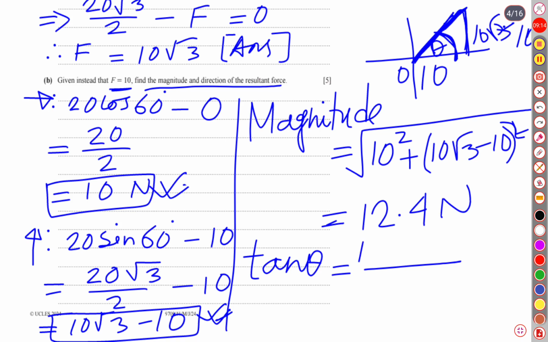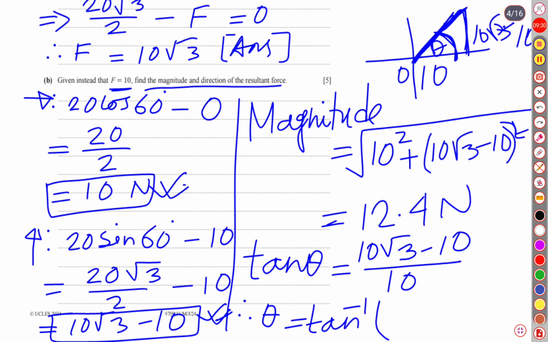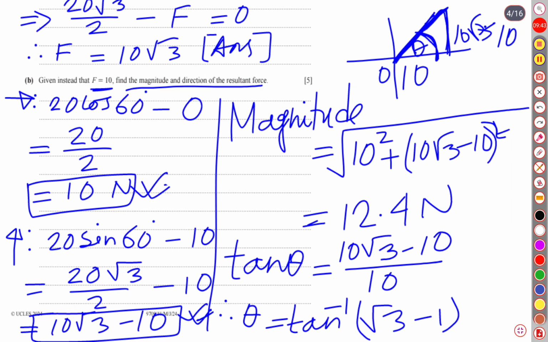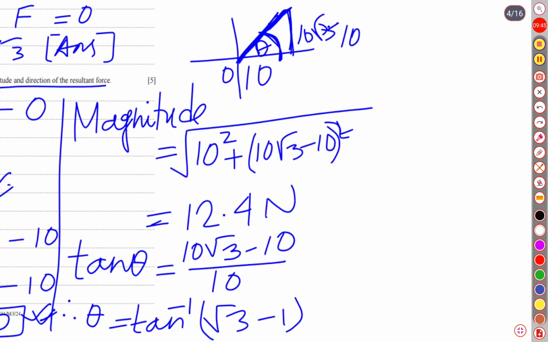The vertical component was 10 square root over 3 minus 10, and the horizontal component was nothing but 10. So ultimately our theta is going to be tan inverse of, if we divide every quantity by 10, square root over 3 minus 1.